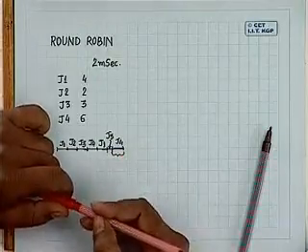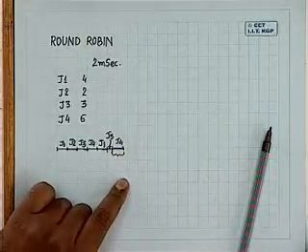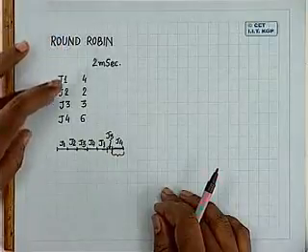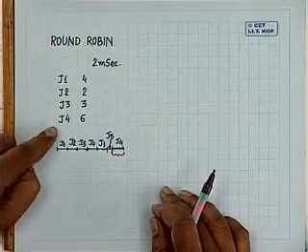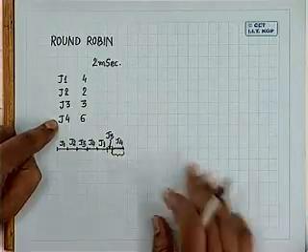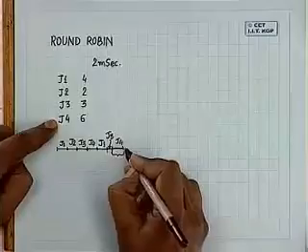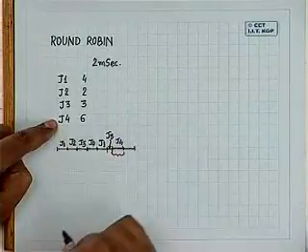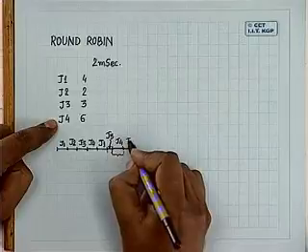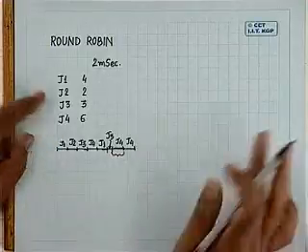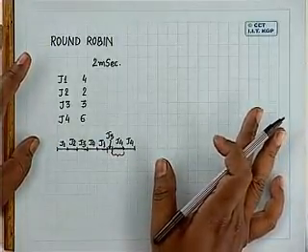After completion of 2 milliseconds of the remaining CPU burst time of job J4, assuming no other job has arrived in the ready queue in between, only job J4 is left, waiting for its remaining CPU burst of another 2 milliseconds. So job J4 will be executed again for the remaining 2 milliseconds, and after that all the CPU bursts of all the jobs in the ready queue are complete. So this is how round robin scheduling works.